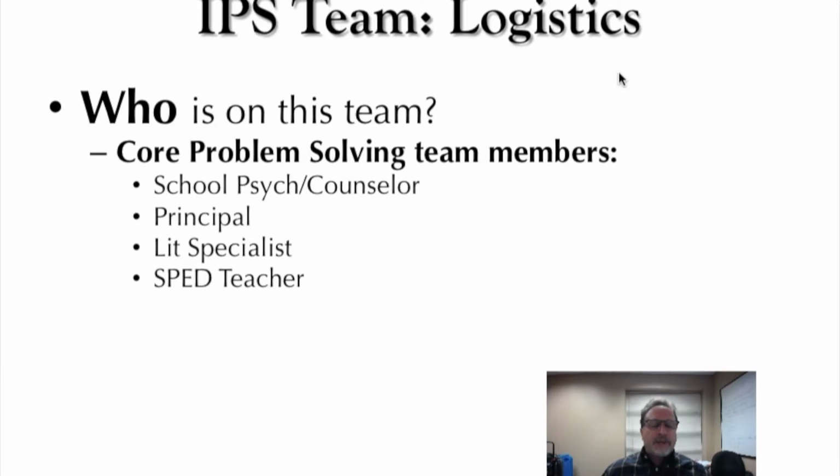But in most cases, you're going to want your school psychologist and or your counselor. You're going to want a principal because, again, we're looking at some potentially pretty significant interventions that may occur, and we want to make sure that the principal is involved and that we know that we can support those and that we have the resources.